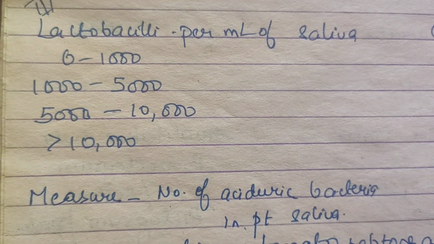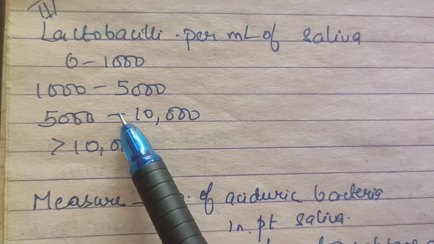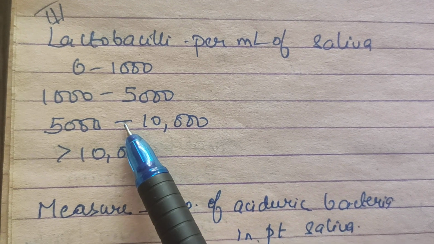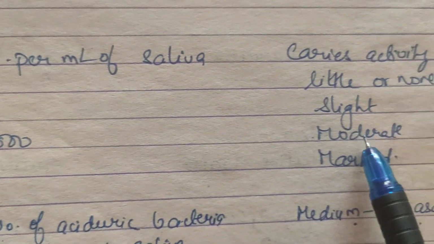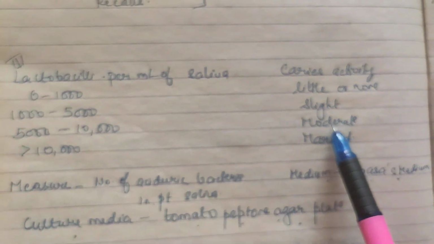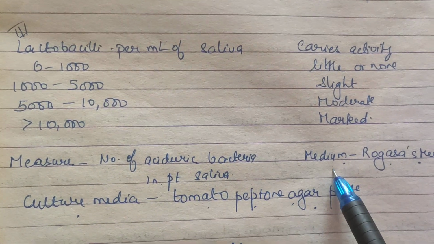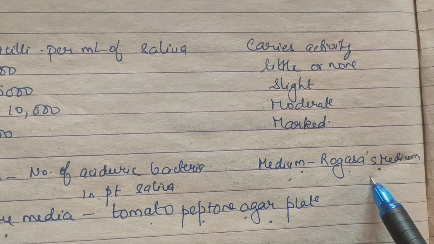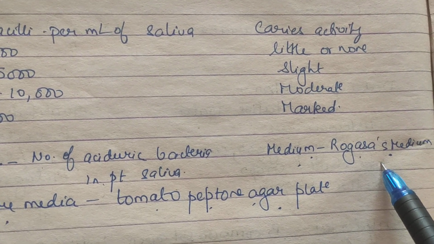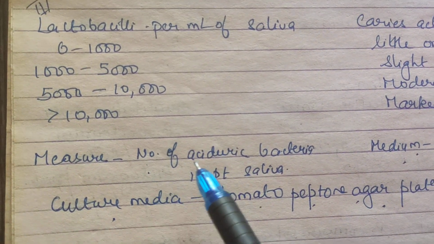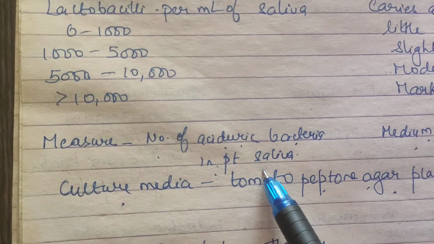What else can they ask? They can ask, if the reading is 7,000, then what is the caries activity? Then it will be moderate. They can also ask which medium is used. Here, Rogosa medium is used. And what they do is measure the number of aciduric bacteria in the patient's saliva.